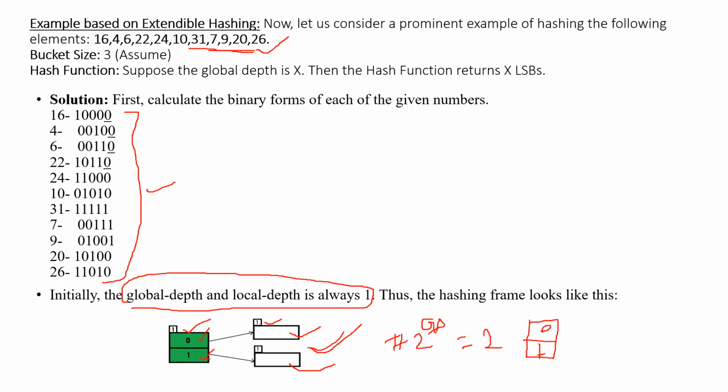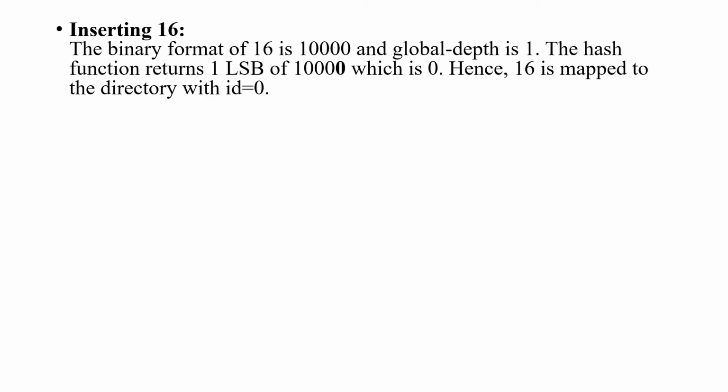Now I am going to store all these elements one by one. We'll see the steps of how we store all these elements in the hashing frame. First I am going to store 16. What is the procedure?